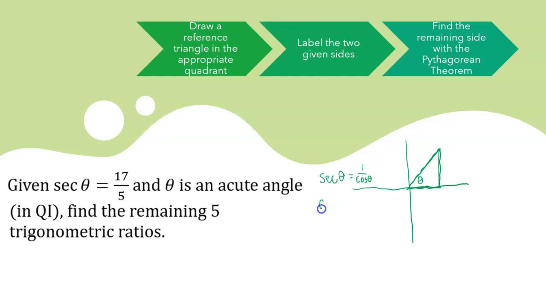So cosine of theta is going to be 5/17, which means that the hypotenuse is 17 and the adjacent is 5. And so then I need to figure out what is the other length of the triangle. So 17 squared minus 5 squared is going to give me the other length of the triangle.